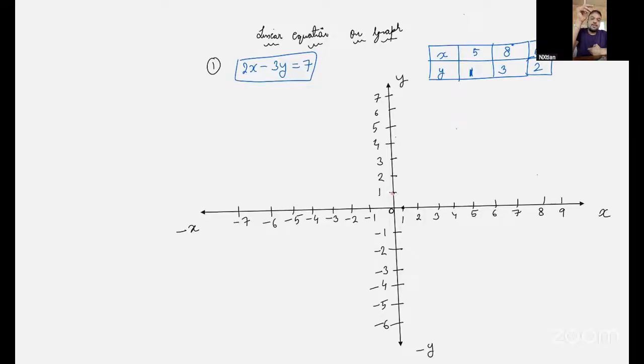So listen, guys. Now we have to mark it. Who will mark it first? Miraculin will mark it. Miraculin, I am enabling you guys. Please mark it with a red pen. Second, Obid.